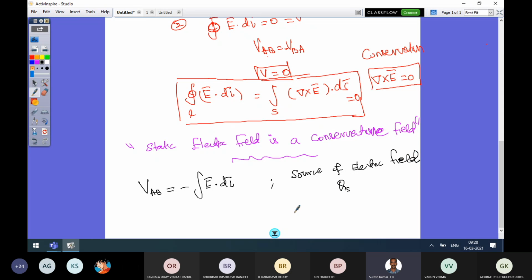Qs is the source of electric field. Then what is the electric field? Now let us replace this E vector in terms of the source charge, the electric field due to a point charge, because to solve the problem we need to expand this, right? So E vector is equal to Qs over 4 pi epsilon naught r square, a r cap.